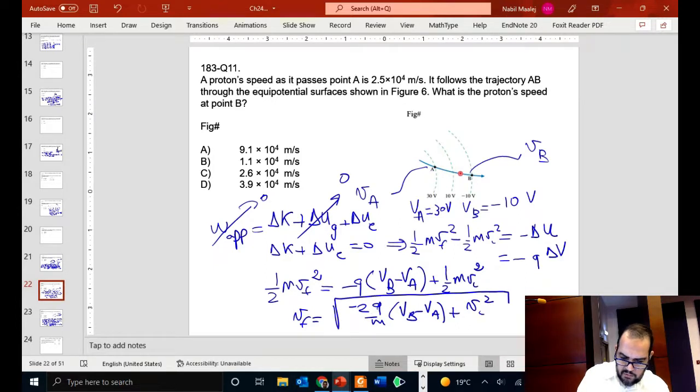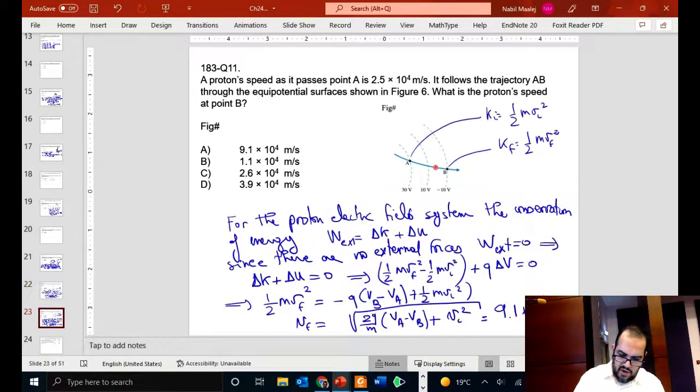So we just use the conservation of energy equation in this case. The final result, we find, is 9.1 times 10 to the power 4 meters per second. Okay, so this is a problem we did last time.